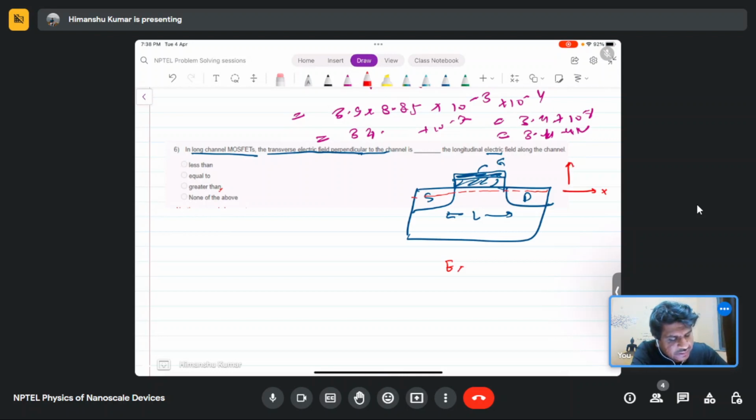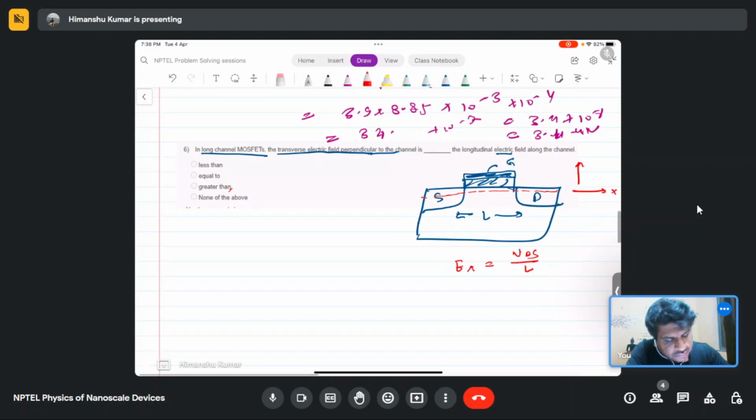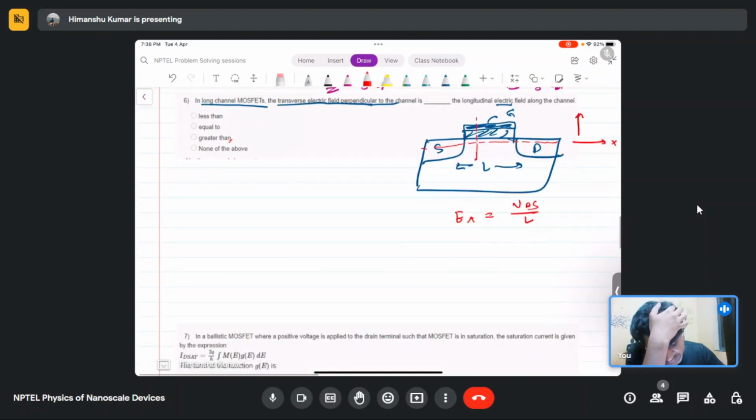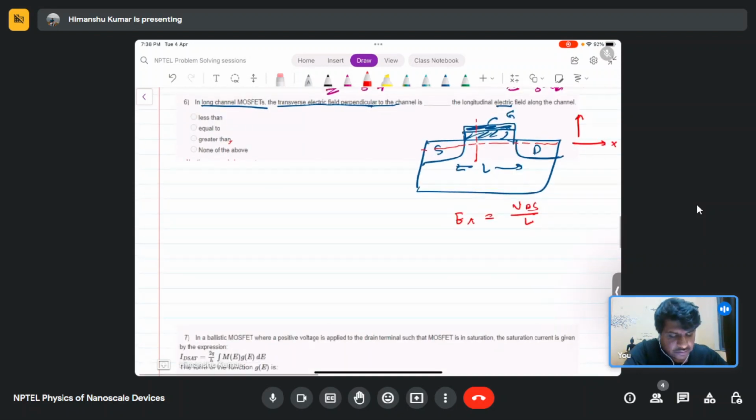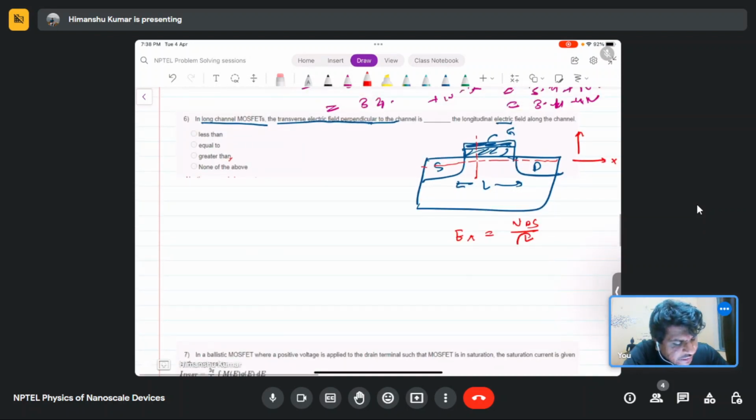The horizontal electric field along the channel, Ex, is approximately VDS by L, and Ey is controlled by the gate voltage. Now in the long channel, since L is large, this Ex will be very small.